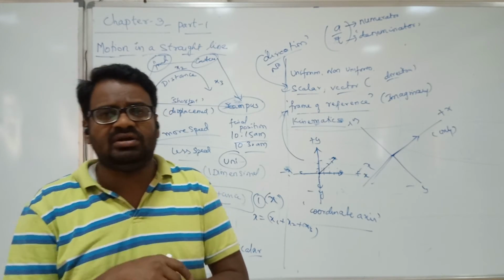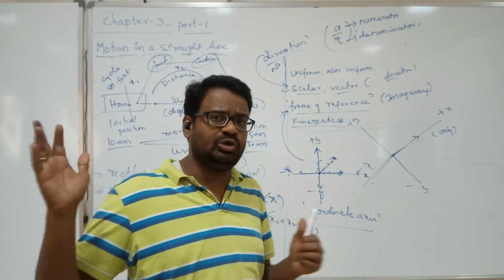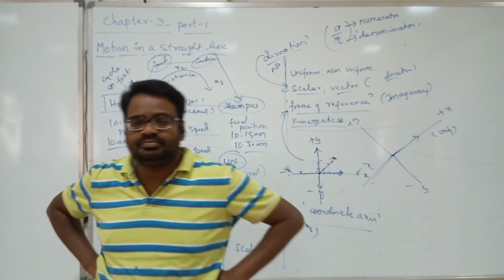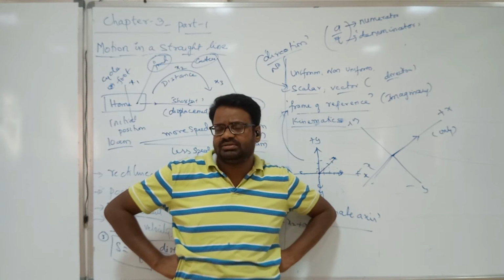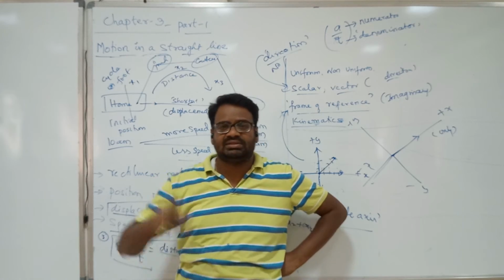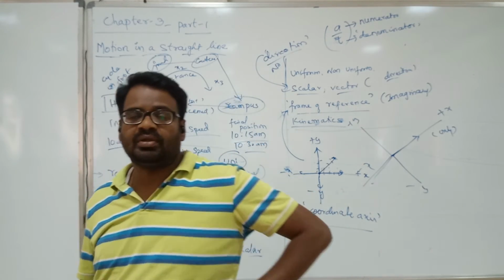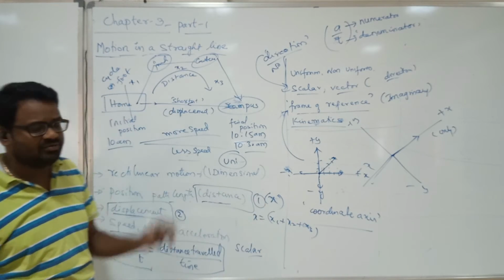How much did you travel to reach campus? If I say 200, I traveled 200 to come to campus. What does it mean? 200 meters, centimeters, millimeters, micrometers, kilometers. It should be specified. That is called a unit. You should always specify any physical quantity by means of a unit.